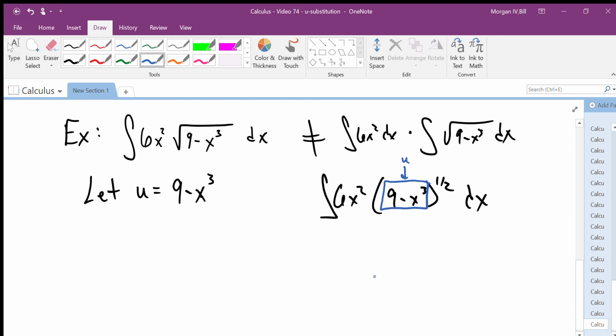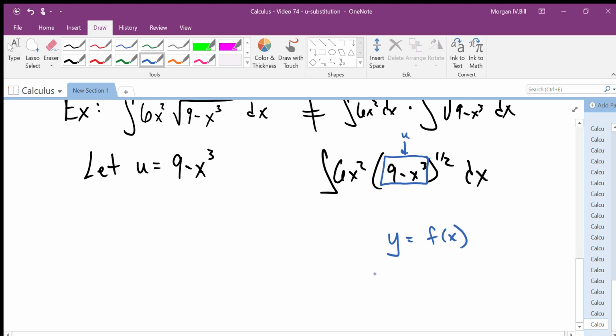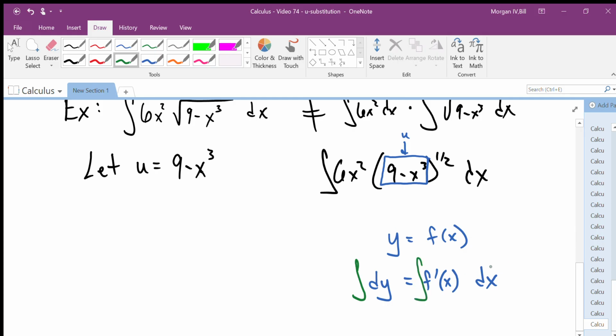You should be thinking, if I had y as some function of x, differential form says that dy is equal to the derivative of that function dx. And then the antiderivative says that if I take the integral of dy, that's going to give me my y, is equal to the integral of f prime of x dx.